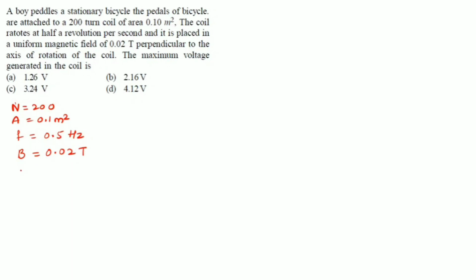We have to calculate maximum voltage, that is E naught. So maximum induced EMF is given by the equation E naught equal to NAB omega. Instead of writing omega, we can write 2 pi F because frequency is given.